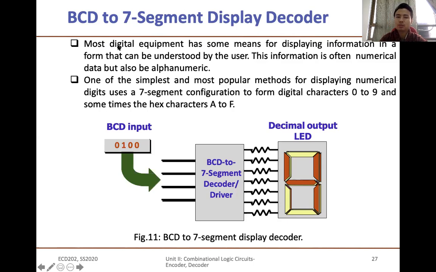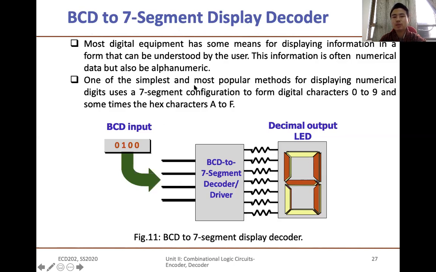For example, most digital equipment has some means for displaying information that can be understood by the user. The user will understand the decimal number better than the binary number. Therefore, with the help of BCD to 7-segment display, your binary number can be converted to a decimal number.